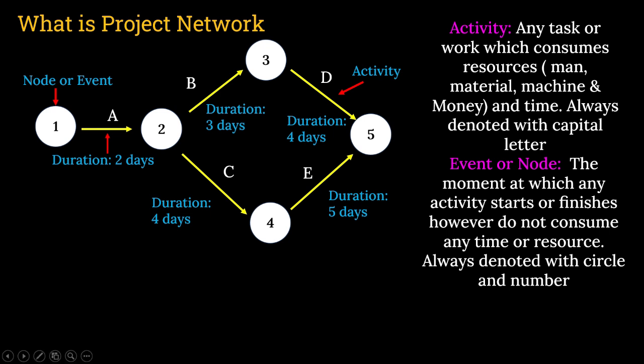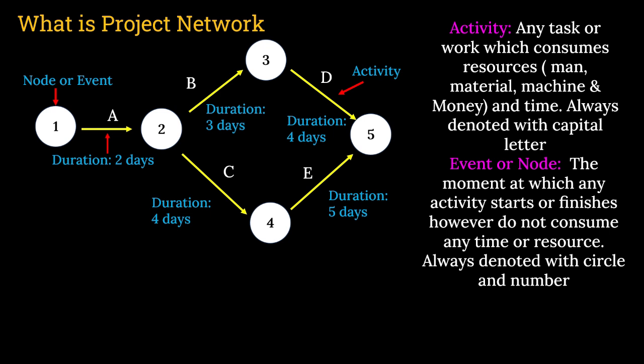That means the start point of activity A is termed as a node, and the finish point of the activity also is termed as a node. Now these two nodes are not consuming any duration of time, neither are they consuming any resources. That is known as the node, and it is always denoted with a circle and number.